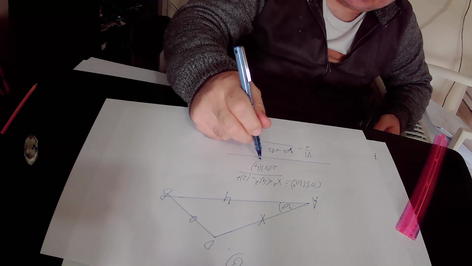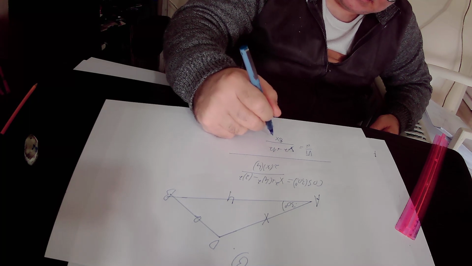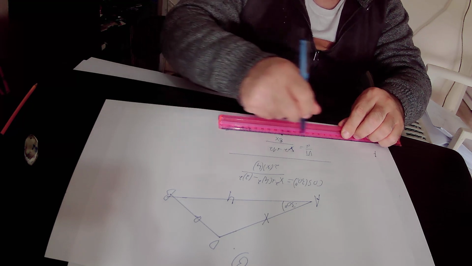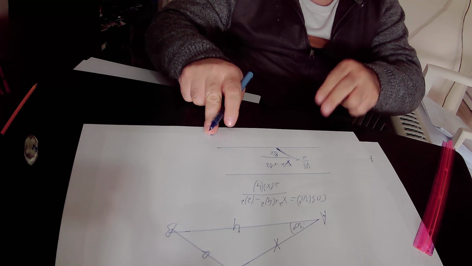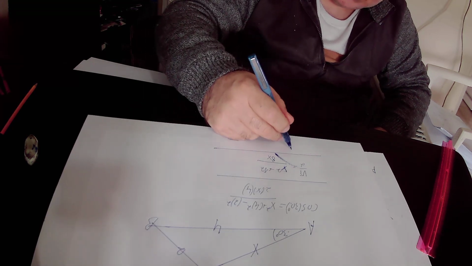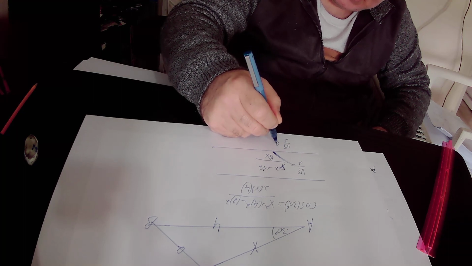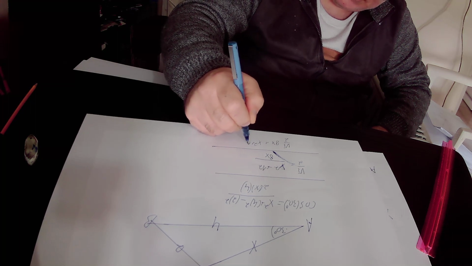Well, 2 times 4 is 8, 8 times x is 8x. We will multiply this equation by 8x and we will get that square root of 3 over 2 times 8x equals x squared plus 12.